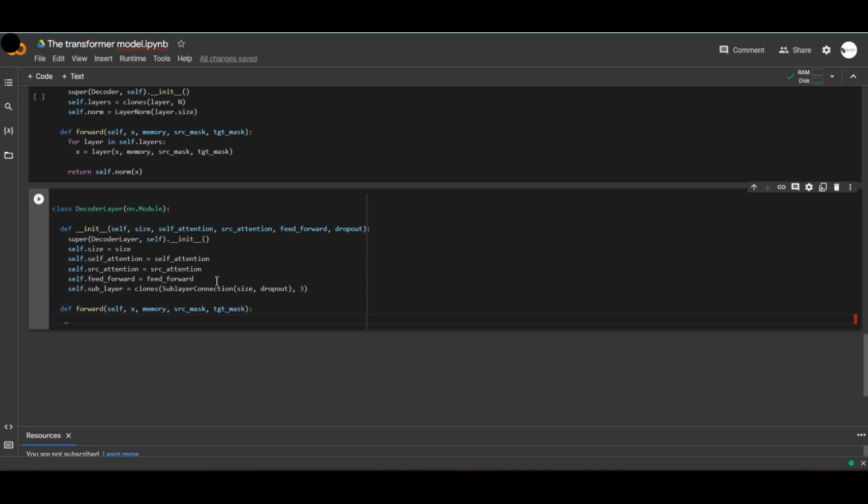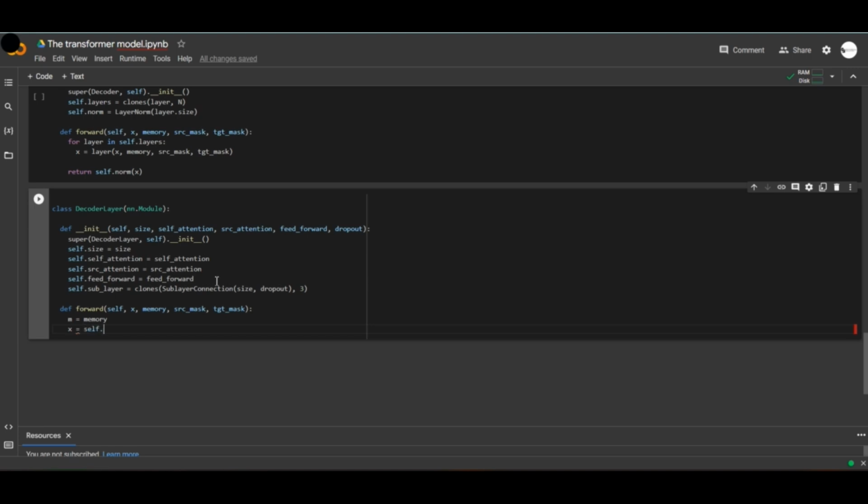We say M equals memory, which I think is coming from the encoder. The first thing we're going to do is the masked multi-head attention.